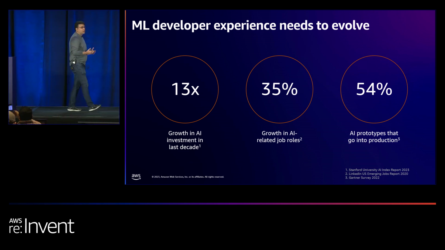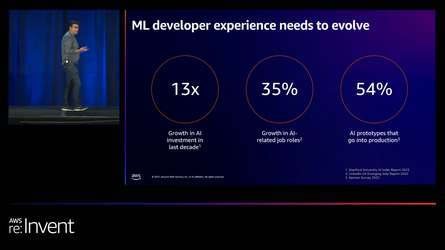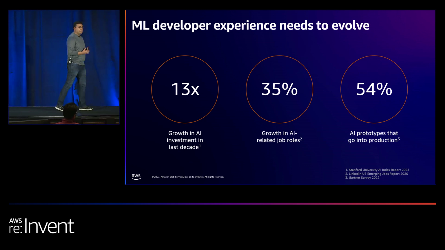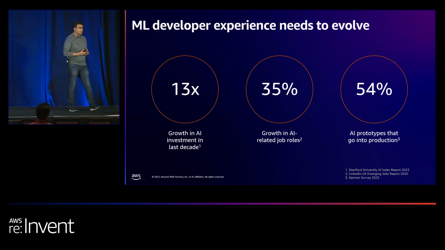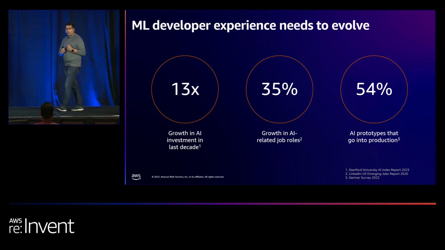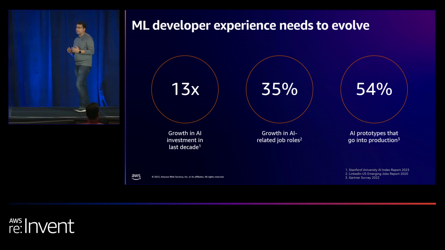And the trend is not stopping. It's going to accelerate further because of generative AI. What it means for developer experience is that developers are asking for tools which are highly performant and make them more productive in quickly getting from data to model to insights.